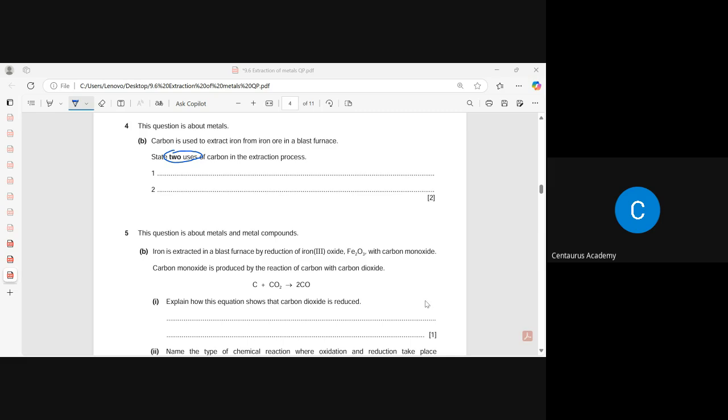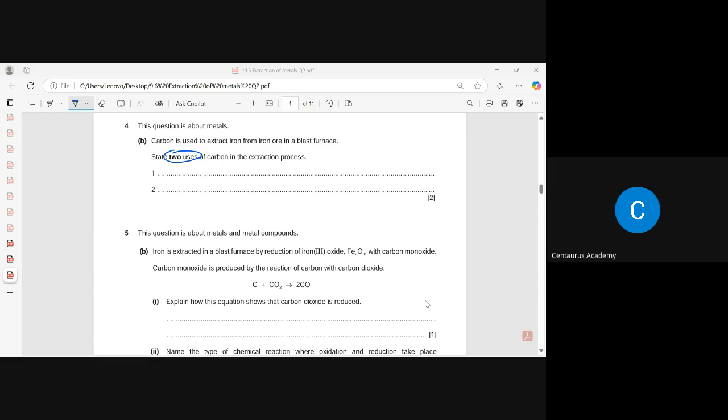To increase the temperature and to produce carbon monoxide for reduction of iron. Yes, your answers are right. Just try to make it more descriptive.